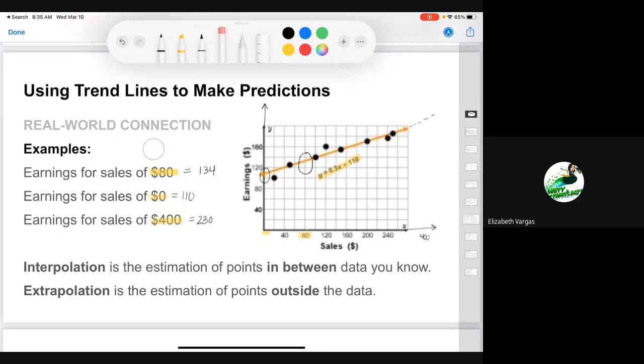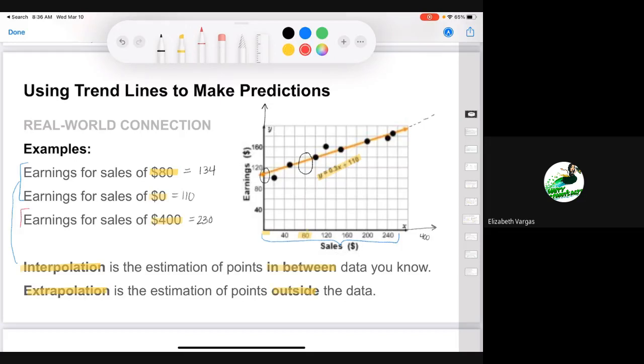Okay. And so what are we looking at here? Well, we're looking at interpolation, which is the estimation of points in between data sets, or in between the data, you know. So basically, these two would be interpolation. Why? Because they exist in the data set, but they exist in between the points that we are given. Okay? We also have extrapolation, which is the estimation of points outside the data set.